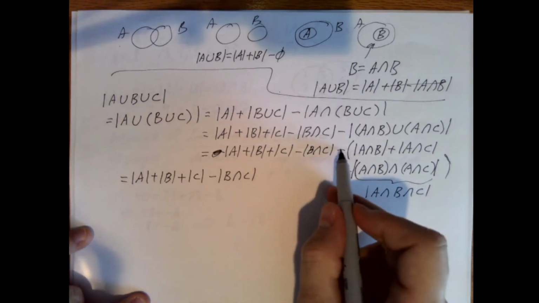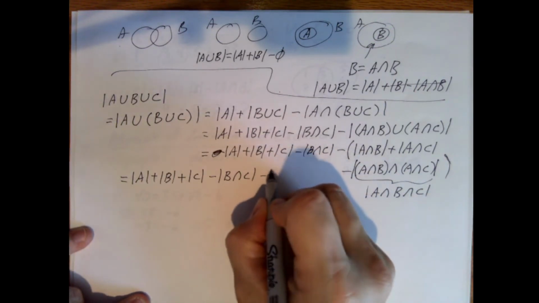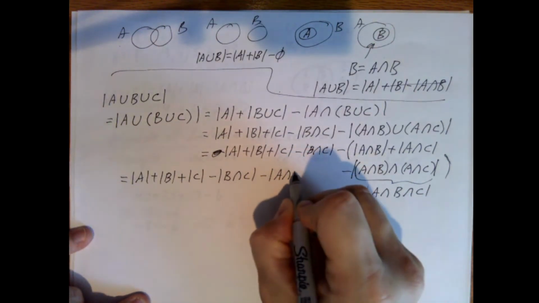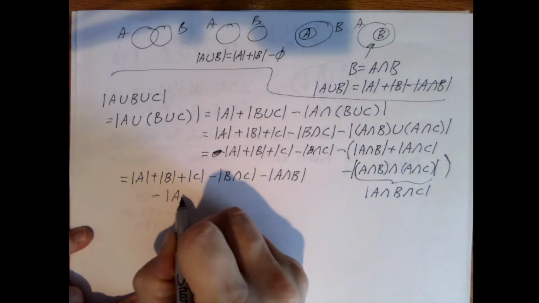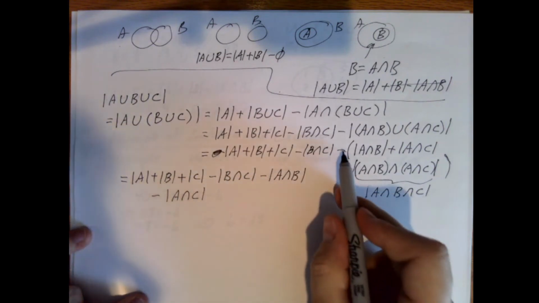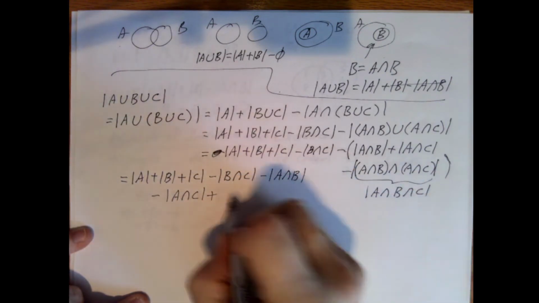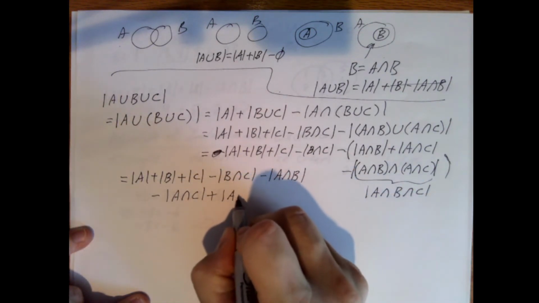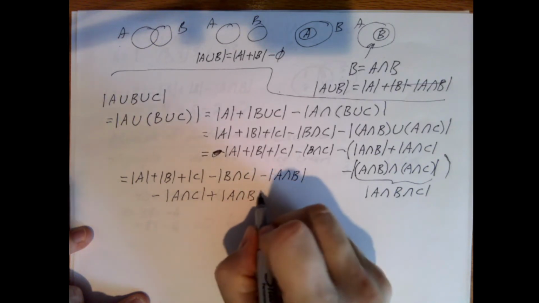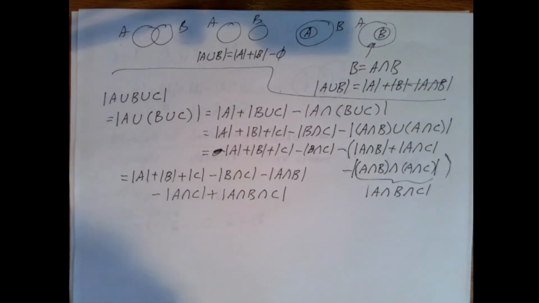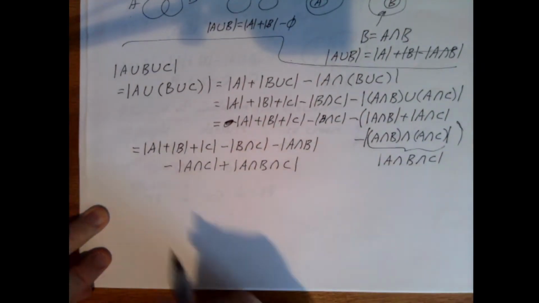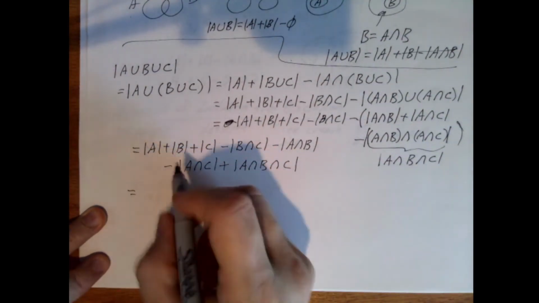And so I have this, so minus this, minus this, and then minus minus, so this becomes plus. That right there. So normally you would see it written this way probably, where they'd be in some kind of order.